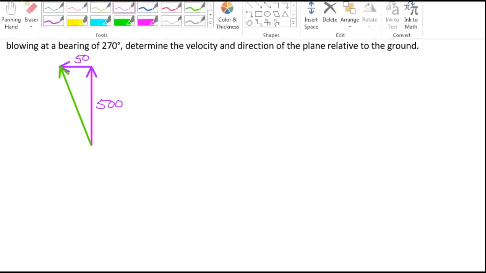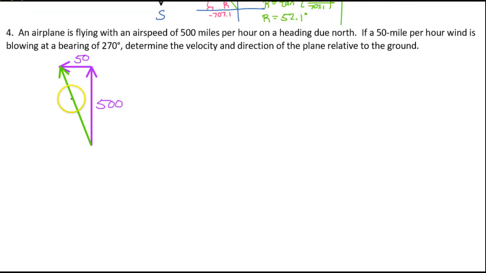First of all, the magnitude of that green resultant vector is going to be easy to find because this is forming a right triangle. The 500 and the 50 are the components of the resultant vector. We're dealing with a horizontal component of 50, well, technically negative 50, and a vertical component of positive 500, okay?